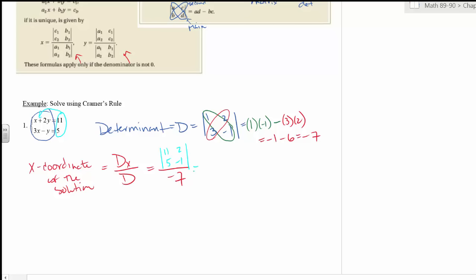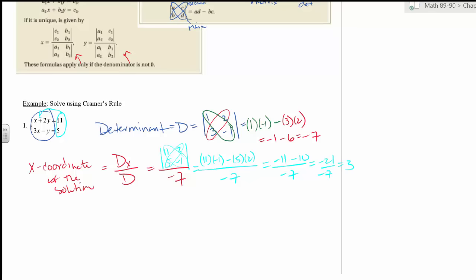And so the main diagonal is 11 times -1 minus the second diagonal, which is 5 times 2, and that's still divided by -7. Well, 11 times -1 is -11, minus 5 times 2, which is 10, this is over -7, is -21 over -7, which gives me 3. So the x-coordinate of this solution to this system is 3.